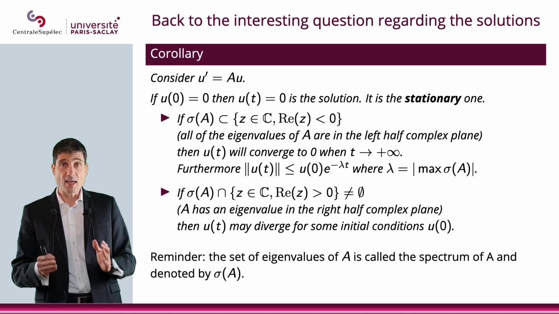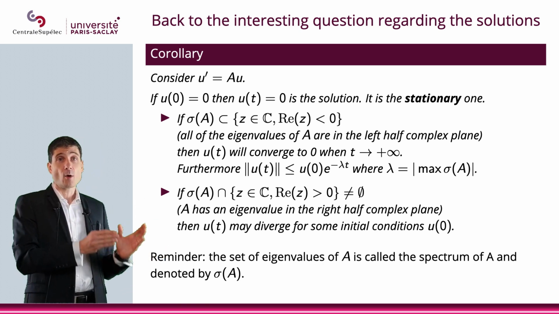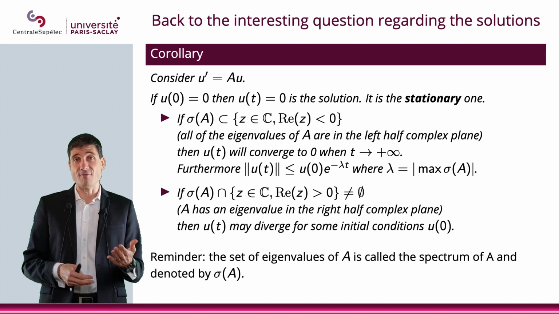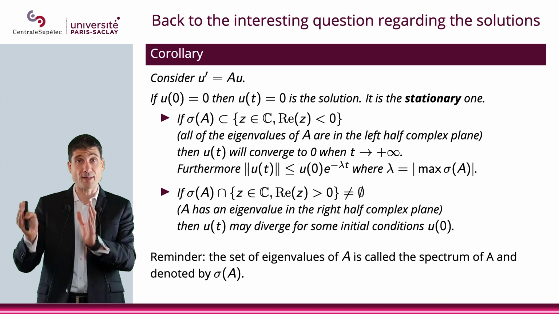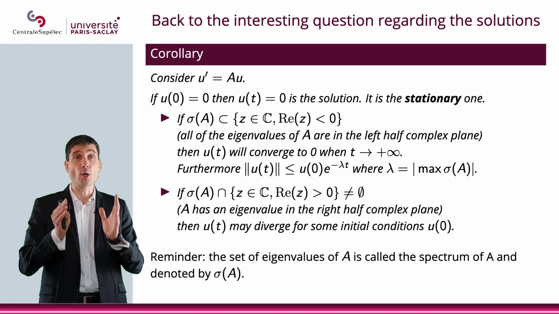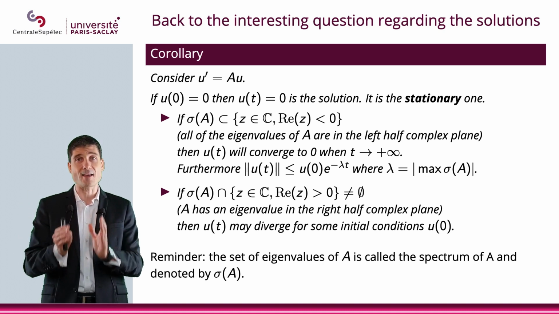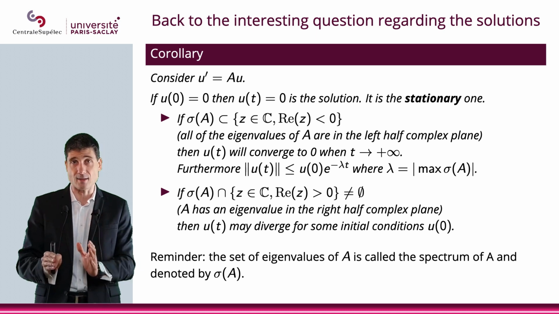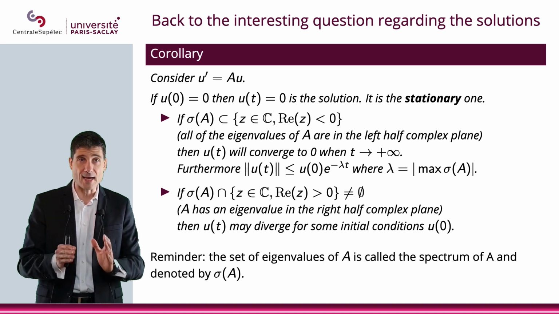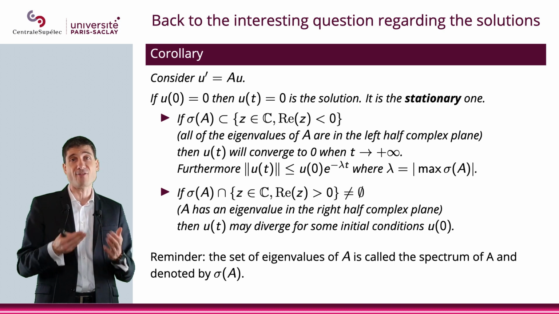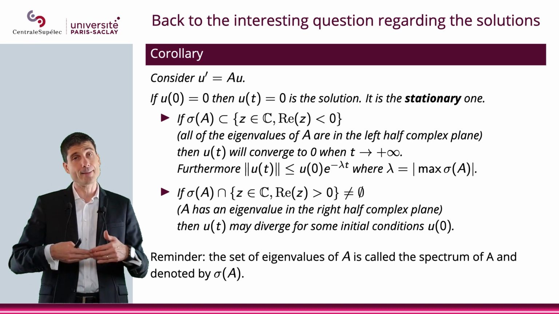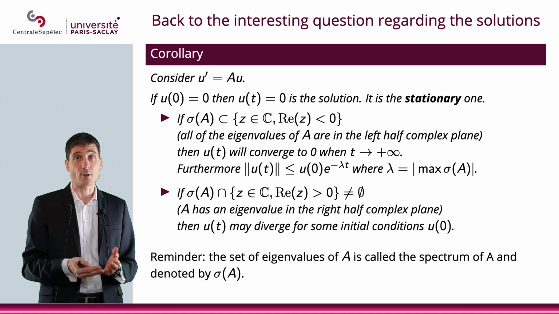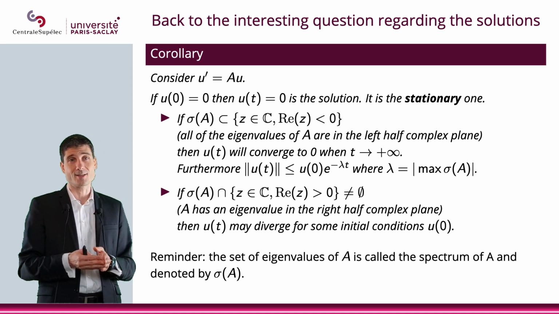Now, if, on the contrary, we have at least one eigenvalue on the right-hand side of the complex plane, in other words, its real part is positive, then we may find some initial u of 0 such that the solution will not stay close to the stationary solution.